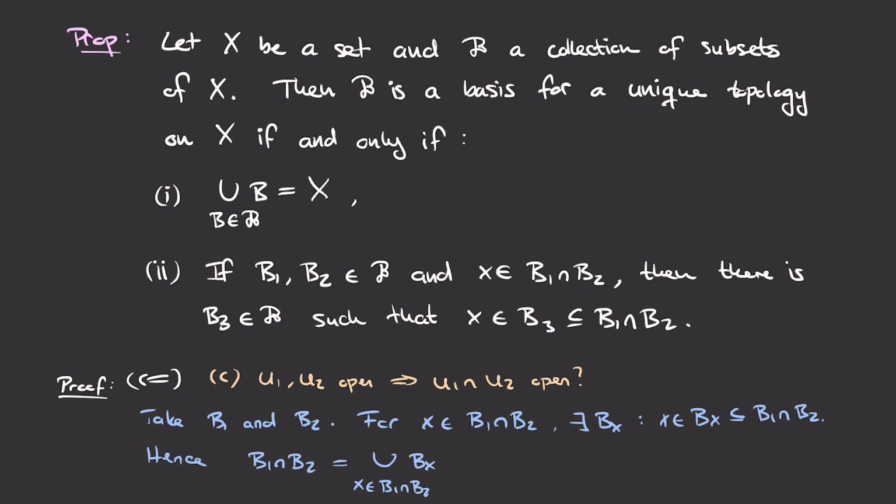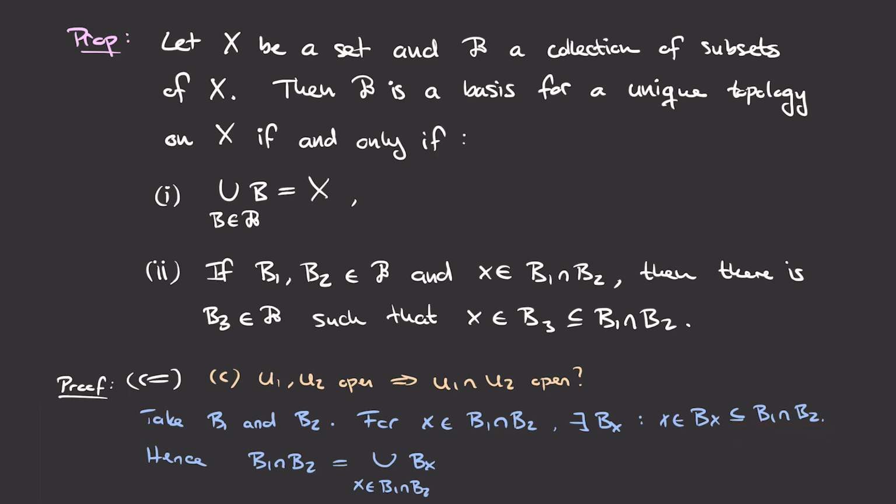And the argument for this is precisely the same as we used for proving the basis criterion. One direction of containment, namely that this intersection is contained in the union, follows from the fact that each point in the intersection is contained in this union by the hypothesis that x is an element of B_x, and the other inclusion follows from the fact that each B_x is a subset of the intersection.